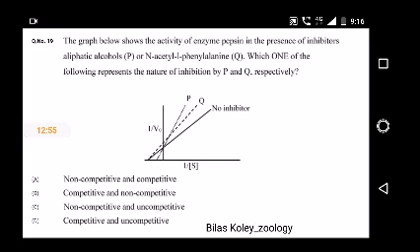After observing the graph, the options are non-competitive and competitive, competitive and non-competitive, non-competitive and uncompetitive, competitive and uncompetitive. In this question, the right option is option B.